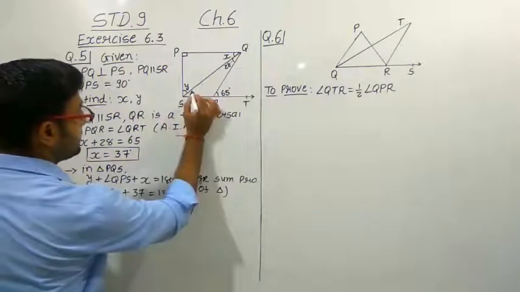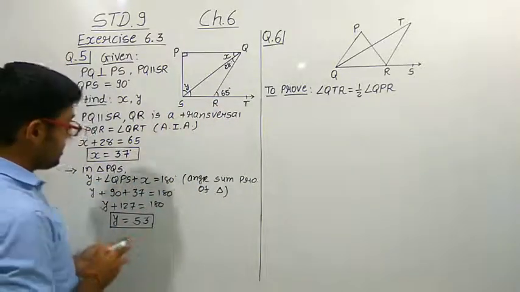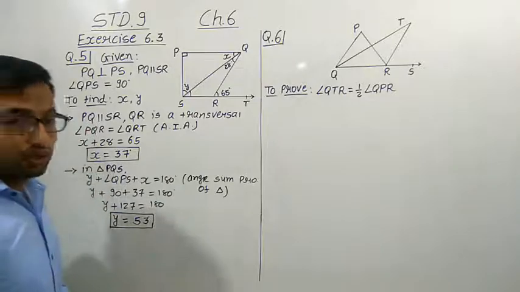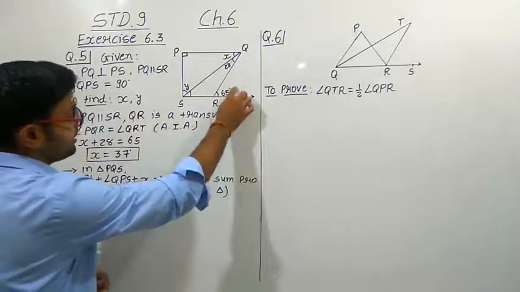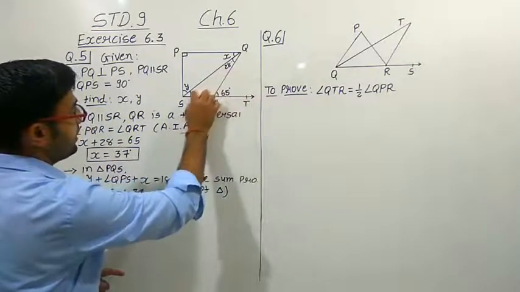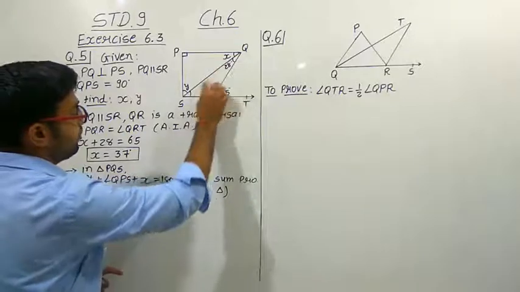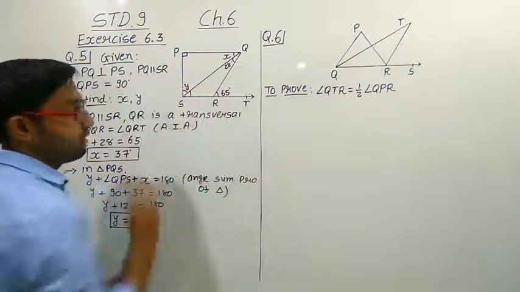This is the second method. The first method is how we solved it before. Now let us understand the second method. If we use this angle as an exterior angle, then this 65 will be the addition of this 28 and this angle. So when we apply this, we can get the value of this angle.